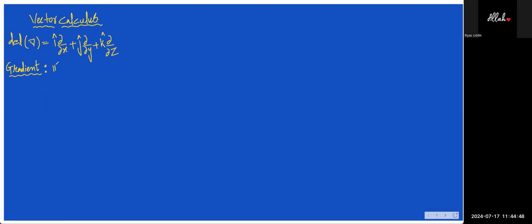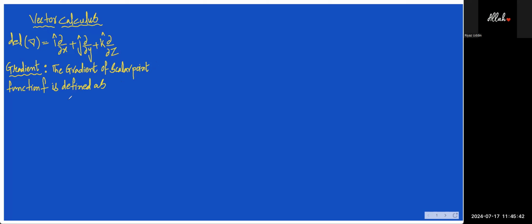The gradient of a scalar point function f is defined as follows. Scalar means where we don't have i, j, k values.